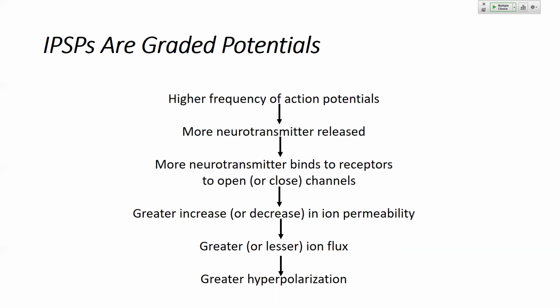Can we have that with action potentials? No, action potentials are not graded. Okay, you cannot have a small versus medium versus large. It's all or nothing. Inhibitory postsynaptic potentials are graded. Okay, and the way we can grade them is by influencing the frequency of action potentials on the presynaptic side.